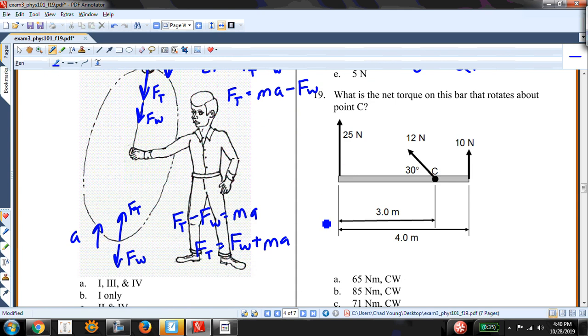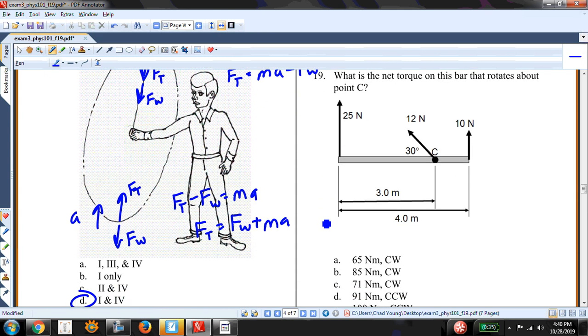What is the net torque on this bar that rotates about point C? Okay, so first of all, this force provides no torque because it's at point C. This force provides a negative torque because it's clockwise, and this one provides a positive torque because it's counterclockwise. So the sum of the torques will be negative 25 times 3.